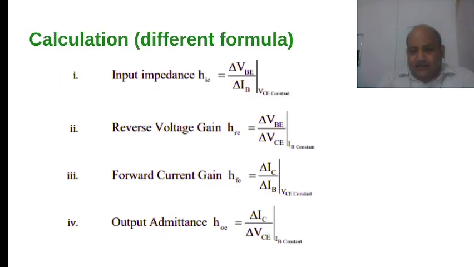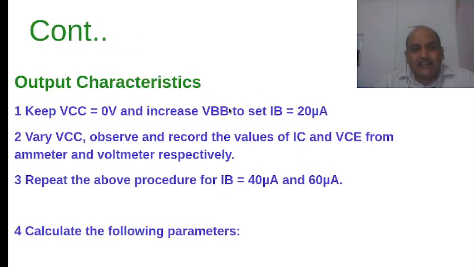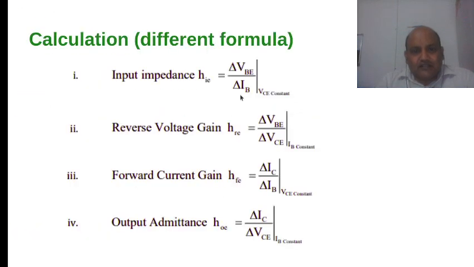So here is the mathematical relation. HIE is generally in the hybrid parameter, hybrid model. HIE is your input impedance. It is the input impedance of your transistor, not of this complete circuit.